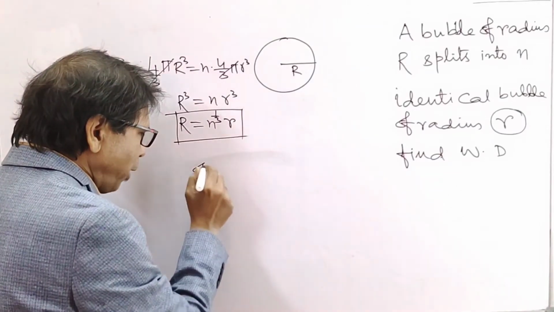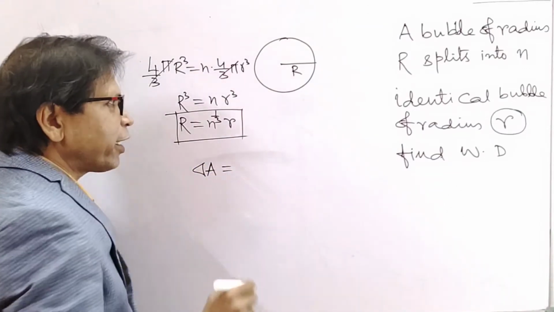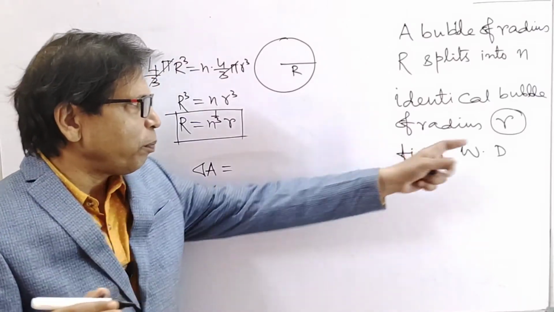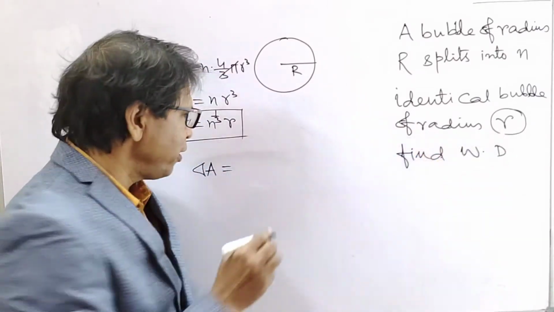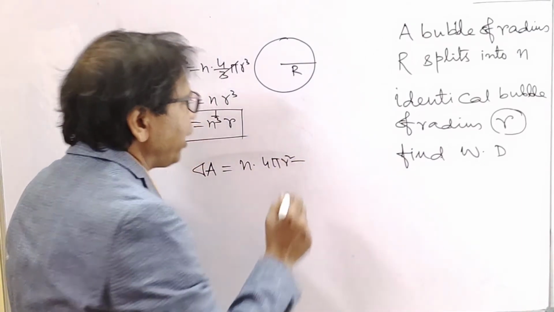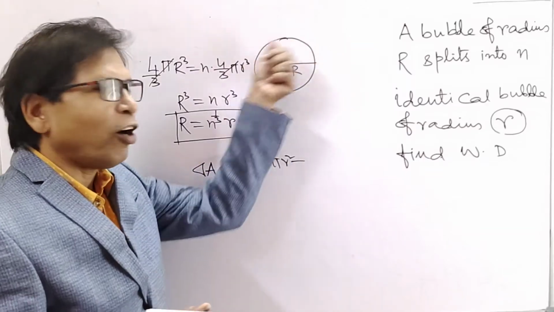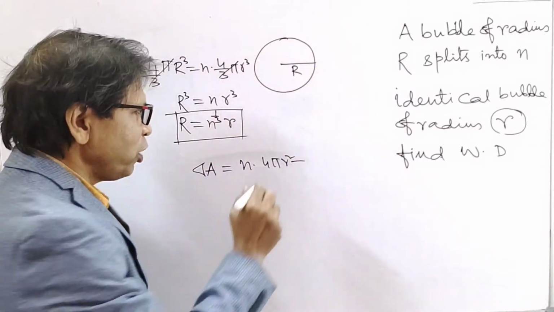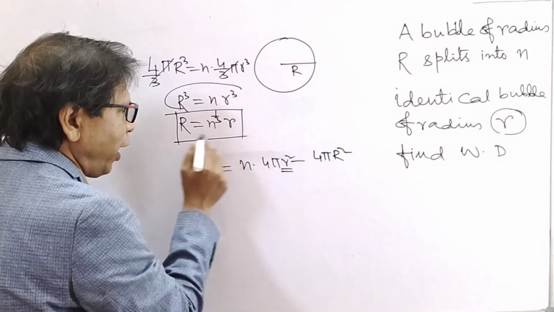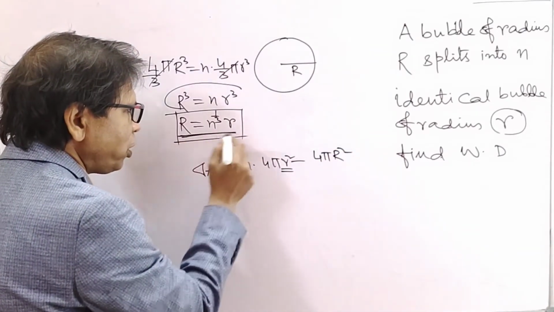Okay, understood? Now we have to calculate the increment of surface area. Now increment of surface area delta A is equal to n into surface area of smaller bubbles, so n into 4 pi r square, minus surface area of this big bubble, so this is 4 pi capital R square. Now small r can be replaced from this equation.